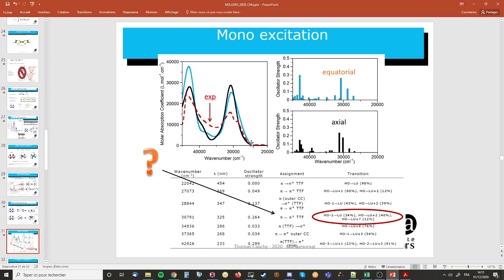For example, here the experimental data is a dotted line, and you see a change here, like there are two bands. Is it a fine structure? Is it a vibronic coupling? Or most probably those two transitions are experimentally a little bit more separated, and the Gaussian approximation is too large here.